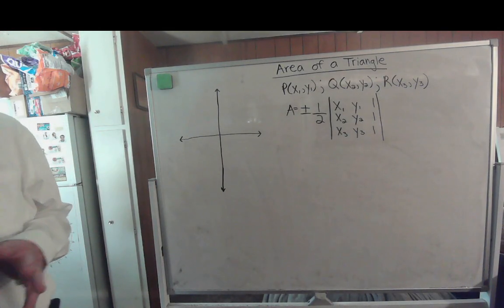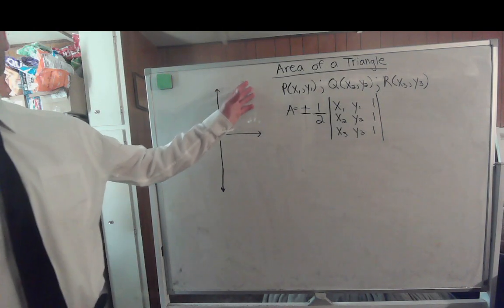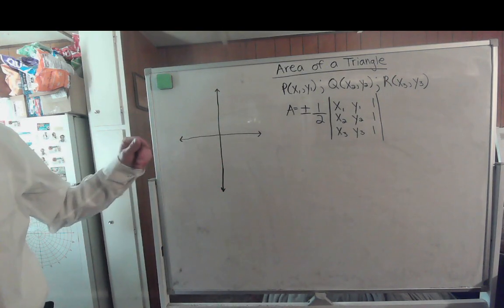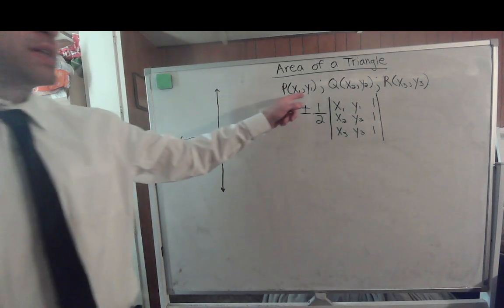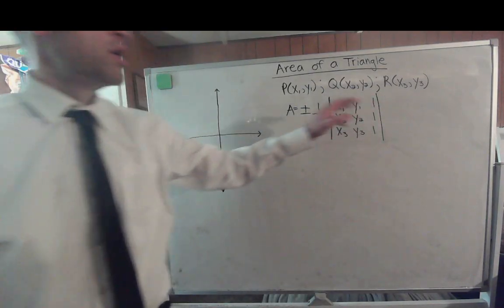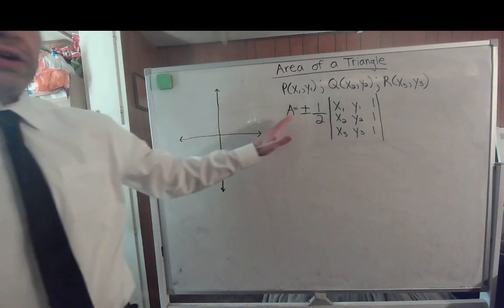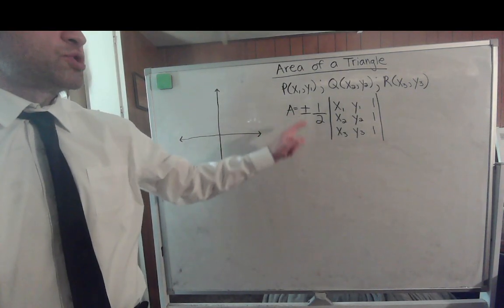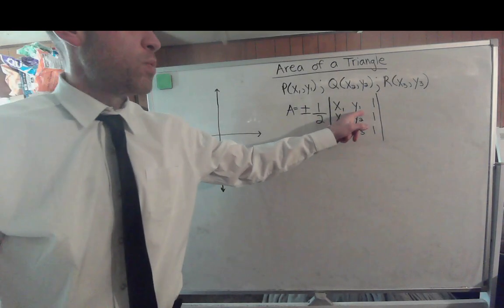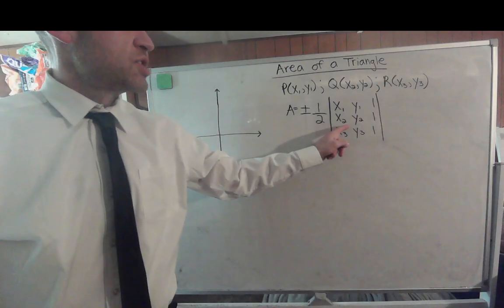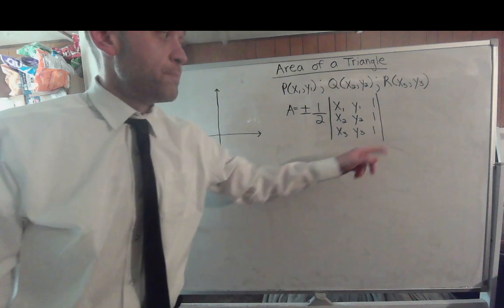The first use is that you can use determinants to solve for the area of a triangle given by three different coordinates in the coordinate plane. Here you have points P, Q, and R with their various x and y coordinates. The area of a triangle is equal to plus or minus 1/2 the determinant of x1, y1, 1, x2, y2, 1, x3, y3, 1.